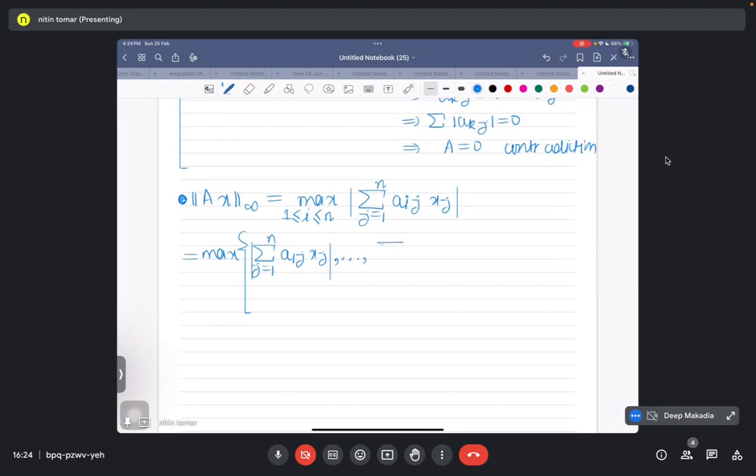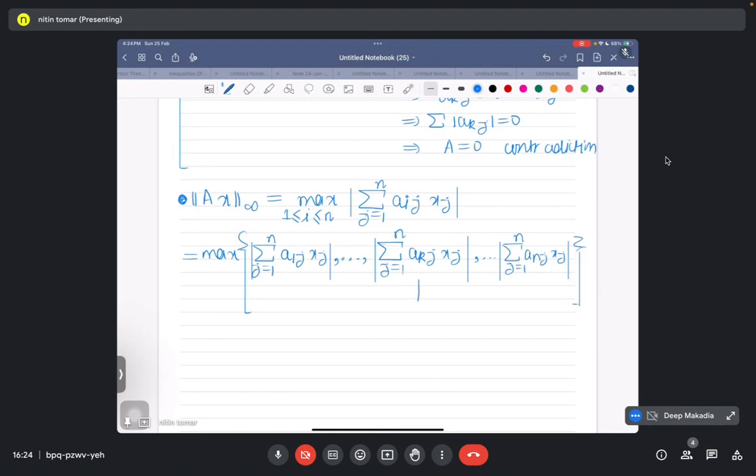Then you keep on doing this, you will hit the kth row. Am I correct? And then you further move, you will go to the last thing, which is anj xj, j going from 1 to n. Am I correct?